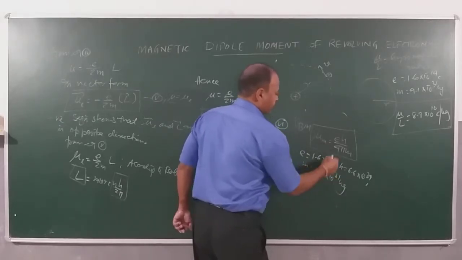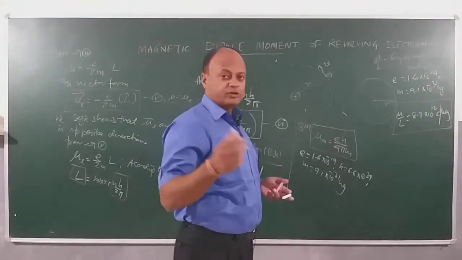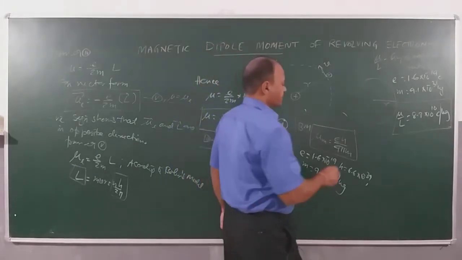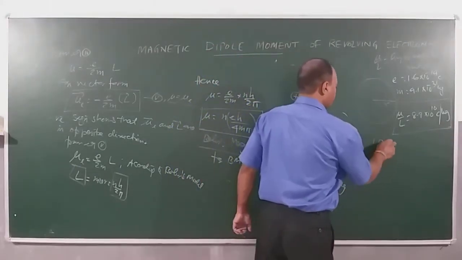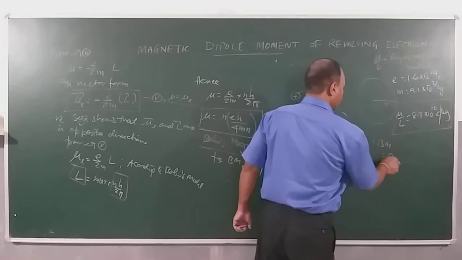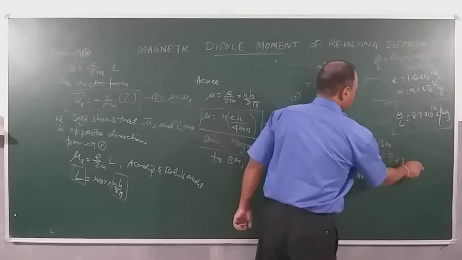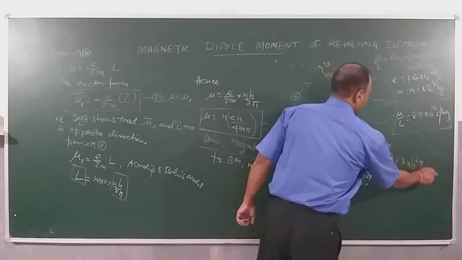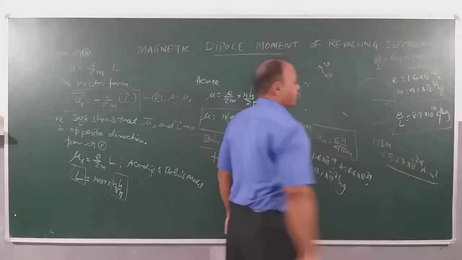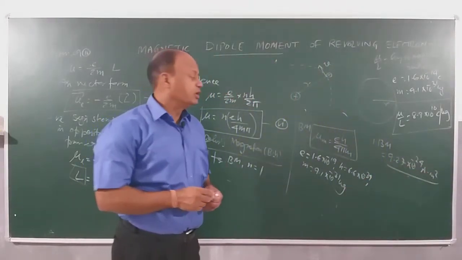If I put all these values and solve, and pi of course is 22/7, then I get 1 Bm is equal to 9.27 into 10 to the minus 24 ampere meter square. And you are supposed to remember this value.